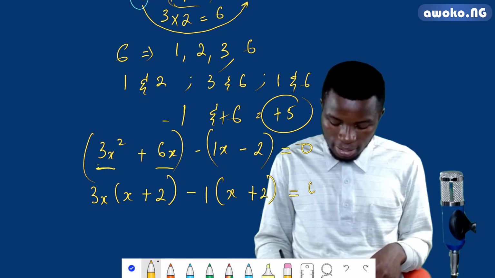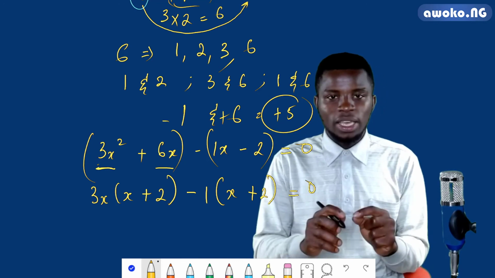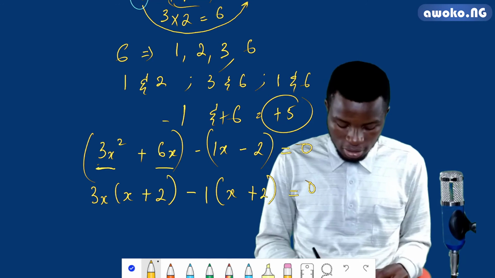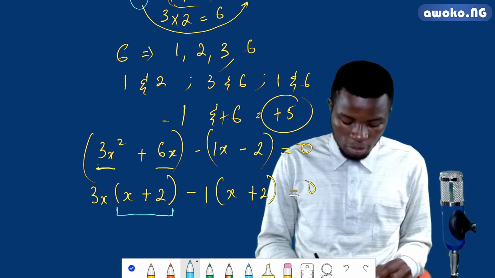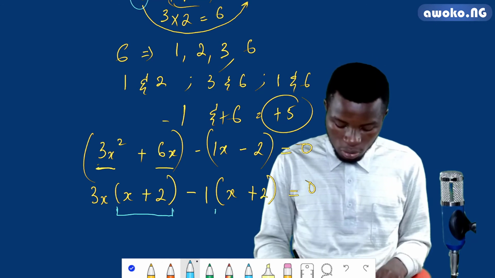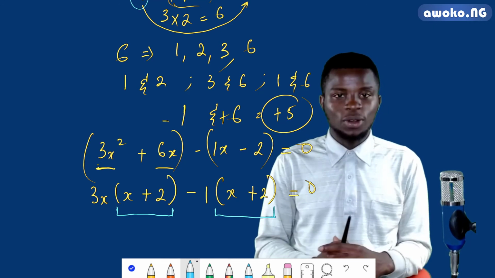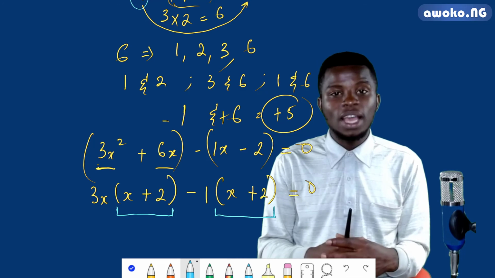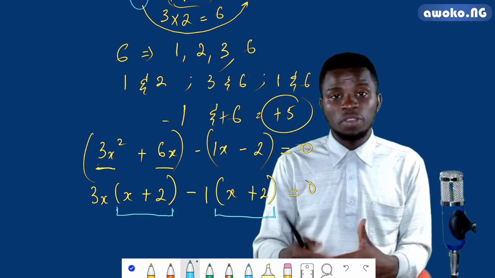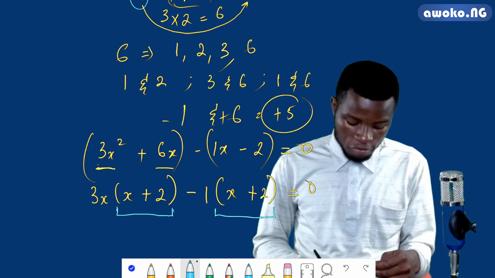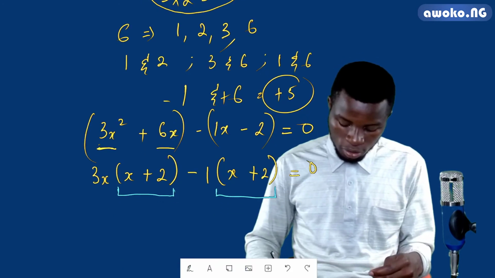Remember, I said that a good hint is to check if what is in the first bracket is the same thing as what is in the second bracket. And if they are the same, yes, you're on the right track. If they are not, then you have to check the previous steps to know where the fault came from.